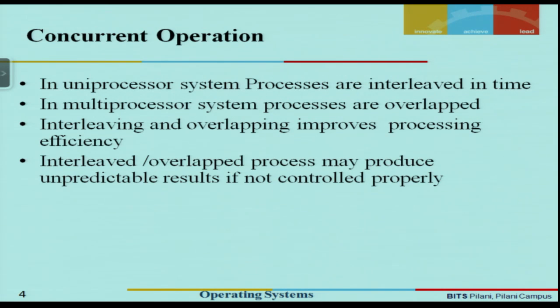So there is an issue in carrying out the interleaving or overlapping, and in this session we'll try to figure out a mechanism to solve some of those issues which are encountered.